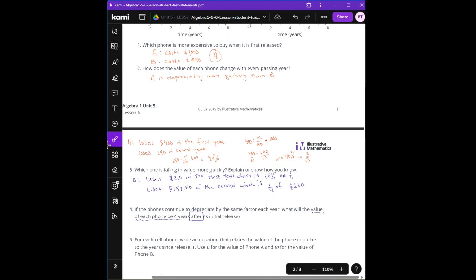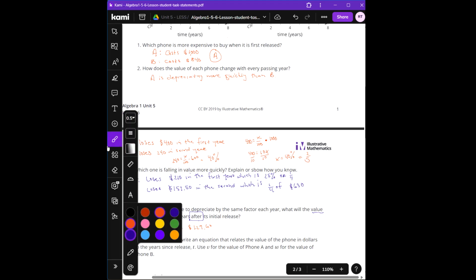But what is remaining? So for A, it's going to be 3/5 times 216, which equals $129.60.